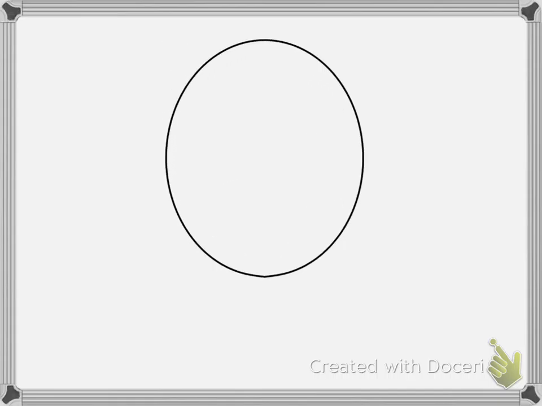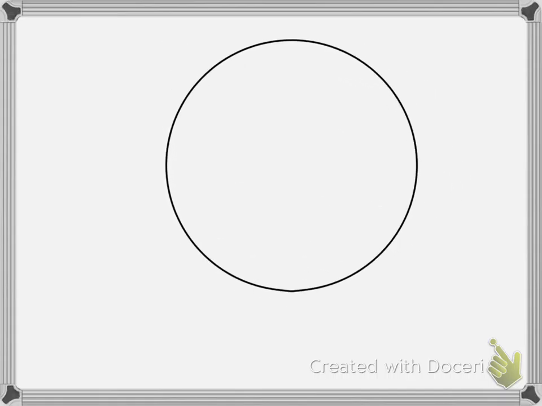Now, I finally figured out how, if you're using Doceri to do mirrors, to draw a decent mirror using the circle function. If you draw the circle and stick your little center in there, that's about as close to center as I can get.